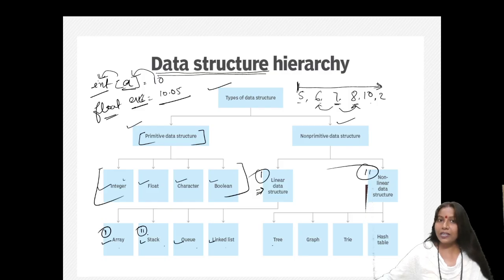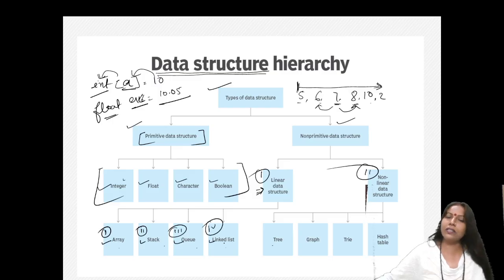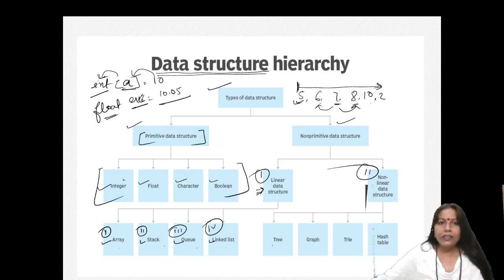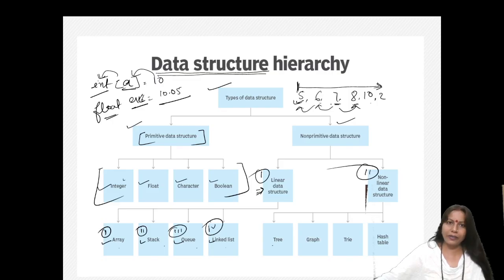The third one, queue, is also a linear data structure. And the fourth one, linked list, is also a linear data structure, where each element connects with its previous and its next elements.